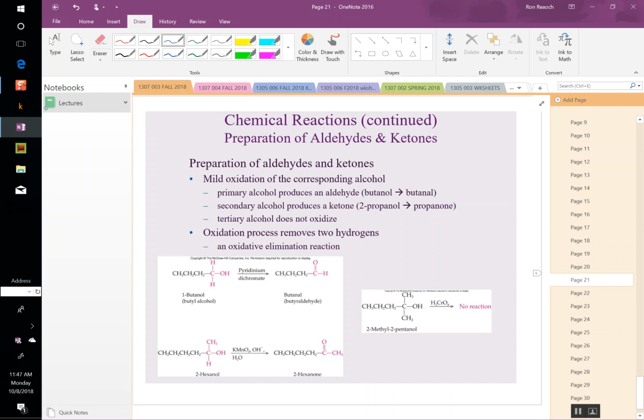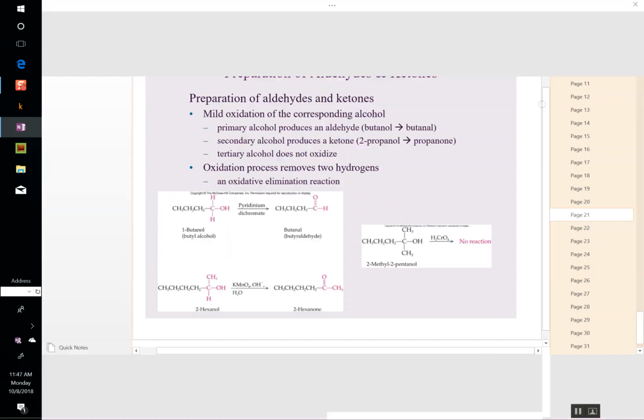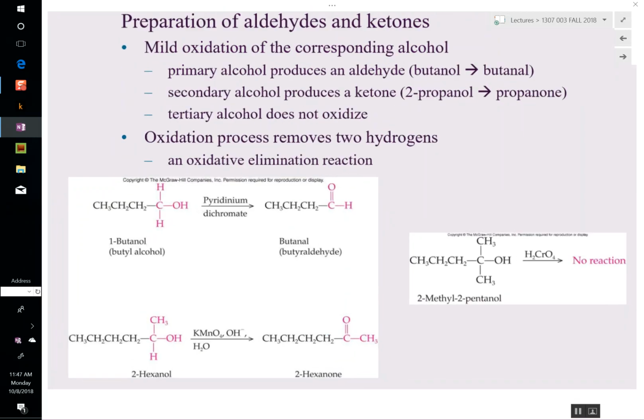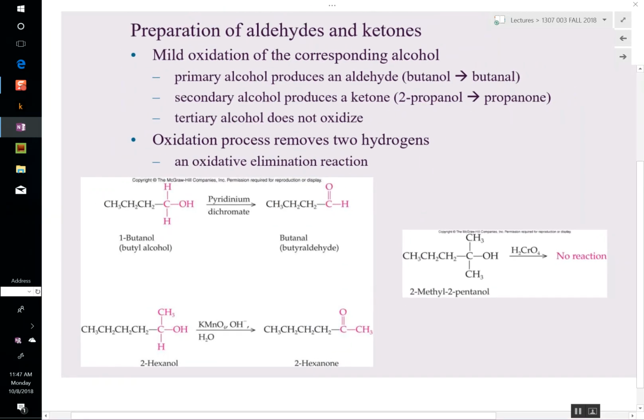All right. So chemical reactions. Let's see. We got to make these a little bit bigger. Okay, I'm going to whisk through this slide because you've already been exposed to this reaction. It's under the heading of preparing aldehydes and ketones. And what's a way to prepare an aldehyde?